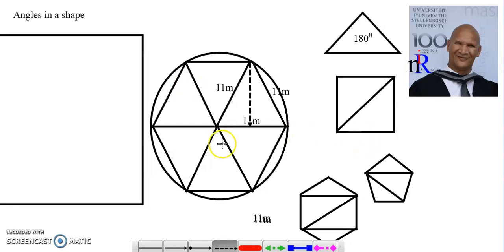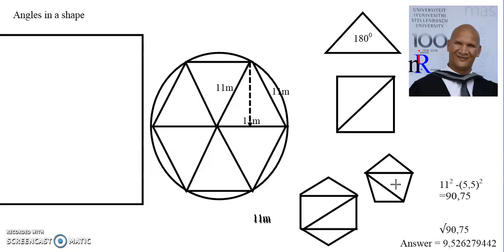But that is the square on this perpendicular height. I just want to know the height. So I find the square root of 90.75, and that gives me a height of 9.526279 meters.